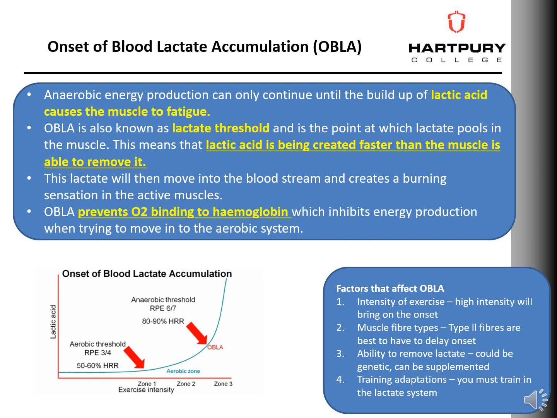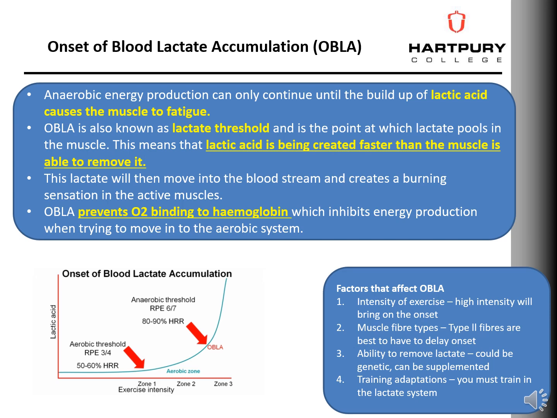Okay, so OBLA is where we prevent oxygen binding to hemoglobin. That inhibits the energy production when trying to move it into the aerobic system. Okay, so factors that can affect this. The intensity, so if we've got high intensity, that will obviously increase the onset or make the onset more rapid, okay?